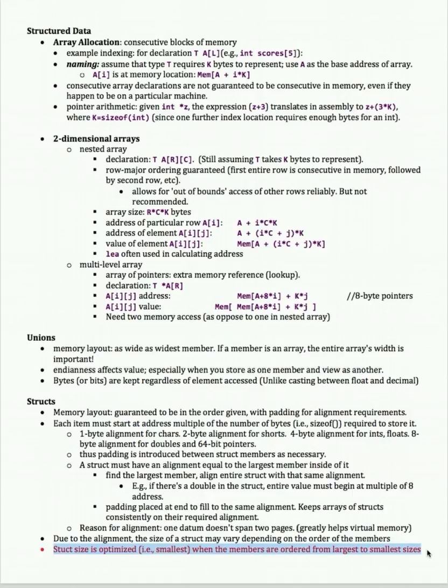So how do we optimize the size? The optimized size, or the smallest size of a struct, can be achieved when members are ordered from largest to smallest sizes. Right? This is obvious if you think about the alignment requirements.